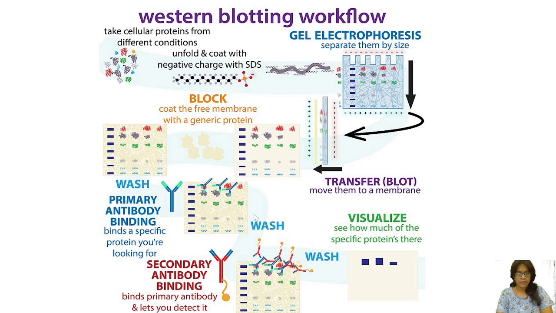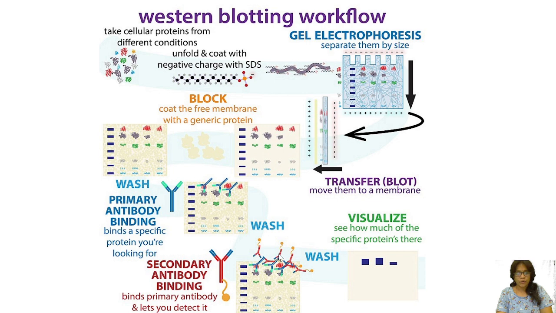Then you wash and remove all the non-specific things, and then add the secondary antibody labeled with the enzyme. This enzyme-linked secondary antibody binds to the primary antibody, forming an antigen antibody complex.